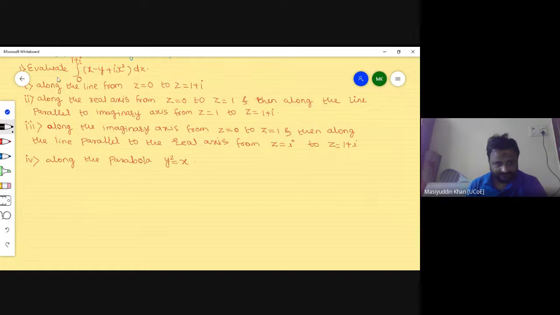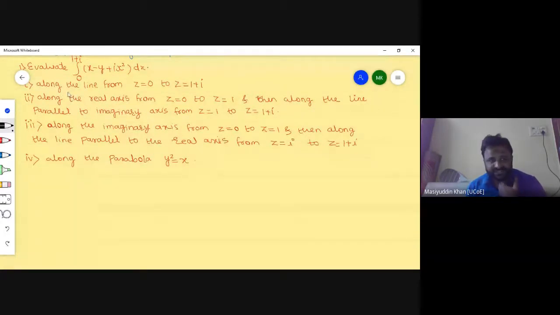As mentioned in the question, evaluate the integral from 0 to 1 plus i of (x minus y plus i x square) dz. This is our given function, and the first condition is that the path is along the line from z equal to 0 to z equal to 1 plus i. For better understanding, I'm drawing a rough graphical representation. So, solution.